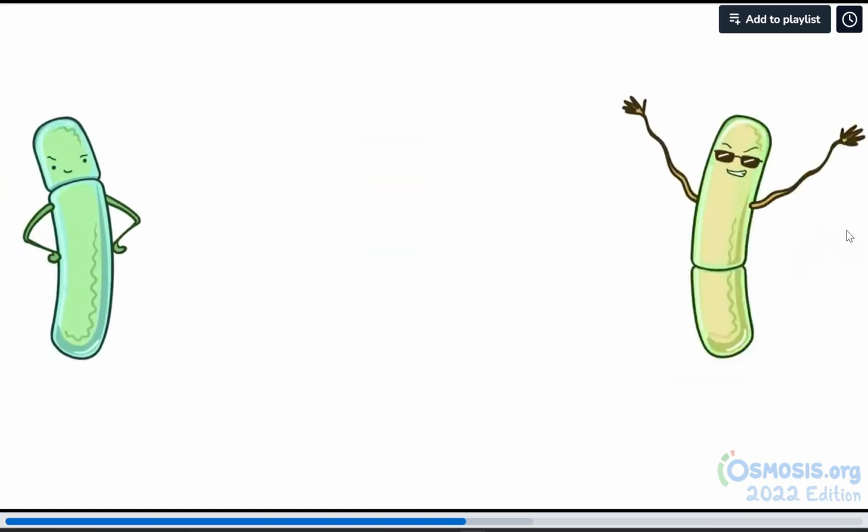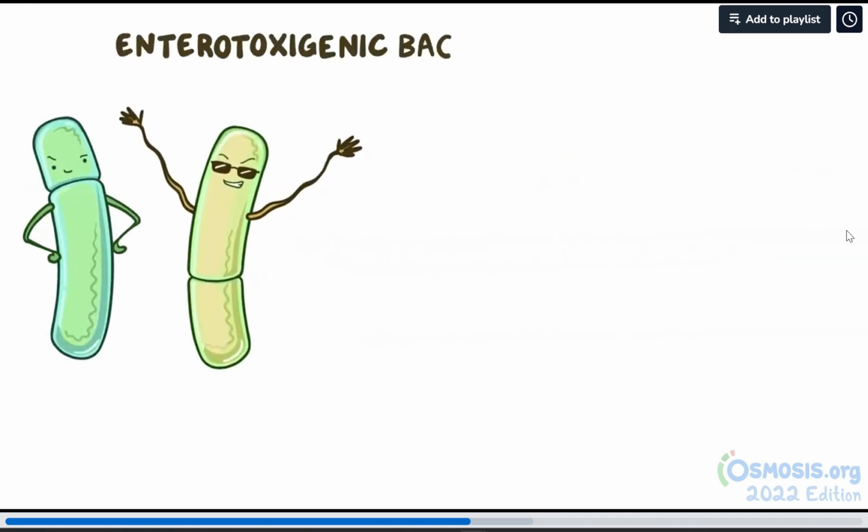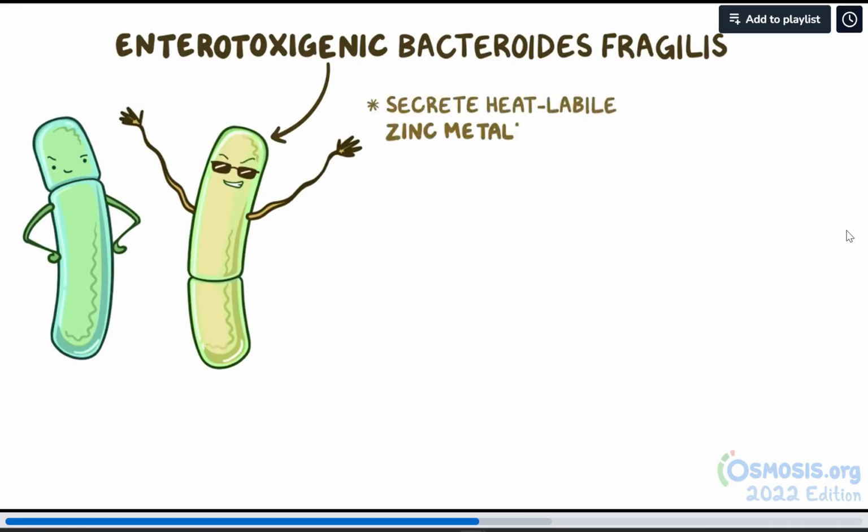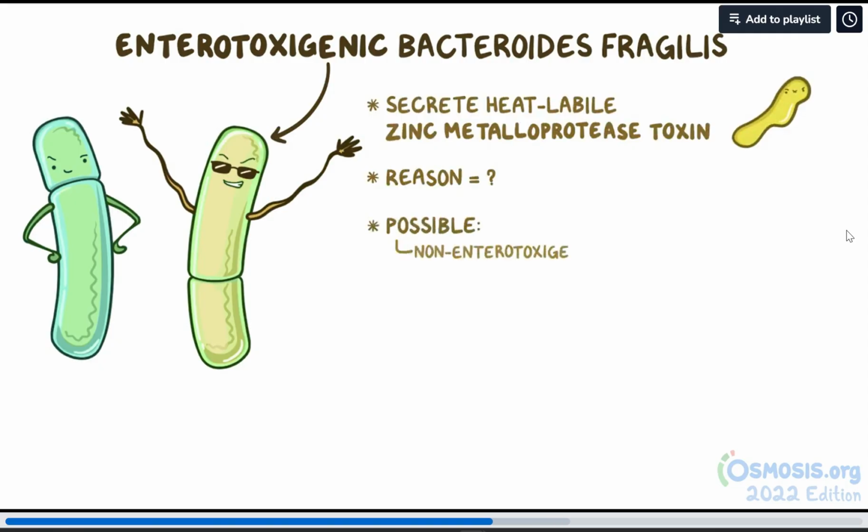Okay, now there are some strains of Bacteroides fragilis called enterotoxigenic Bacteroides fragilis, which secrete a heat labile zinc metalloprotease toxin. The reason behind this is not well understood, but it's possible that non-enterotoxigenic species that normally reside in the colon undergo mutations that make them more virulent.